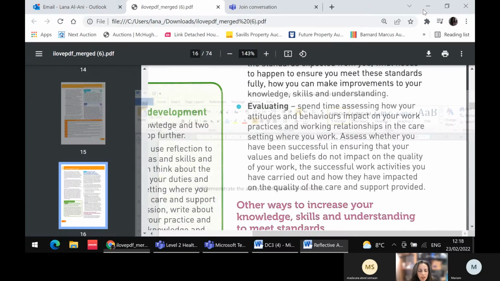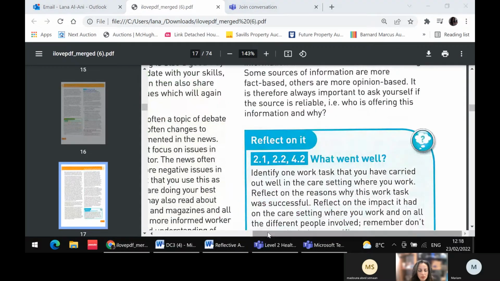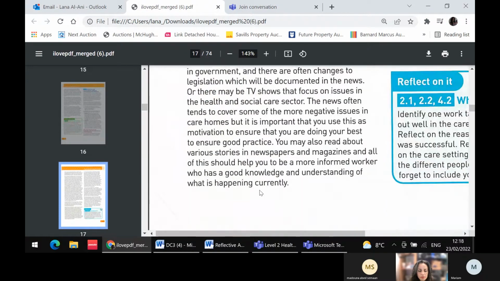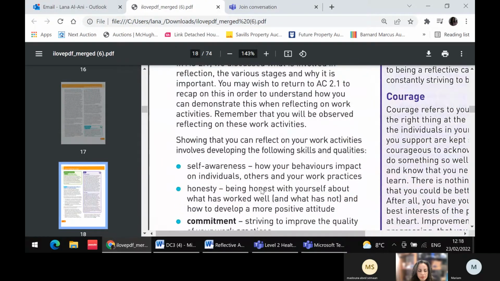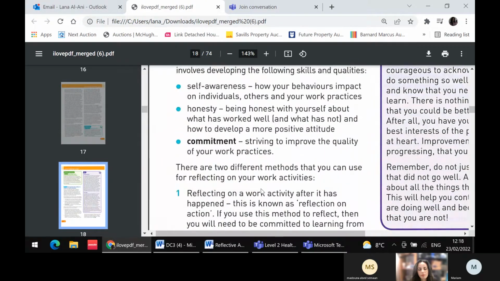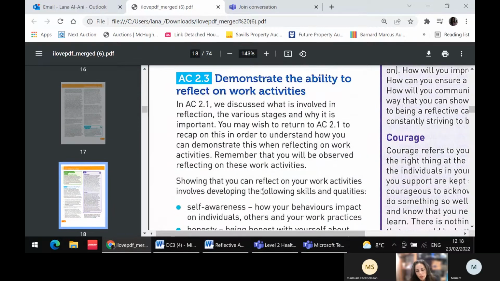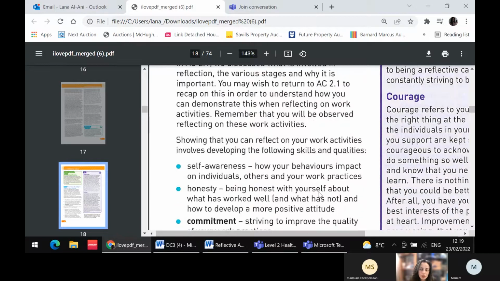Can you think about ways to do that, without even looking at the book? So how will you demonstrate abilities to reflect on your own work?